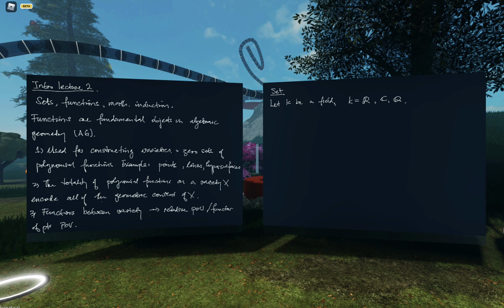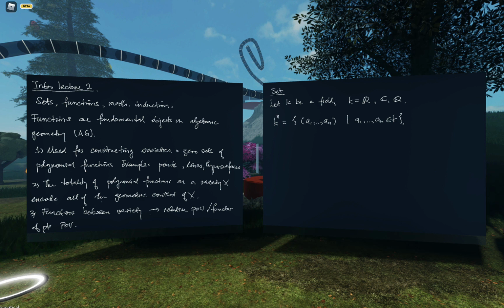So what I'll define here is K^n first, which is just going to be the n-tuples, right? So you've got n numbers, and each of these numbers is coming from K. So it's an n-dimensional vector space.